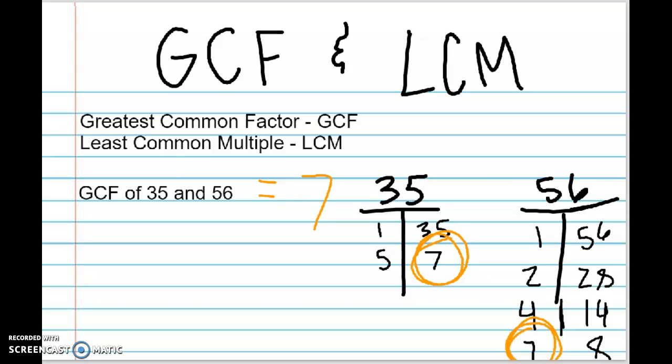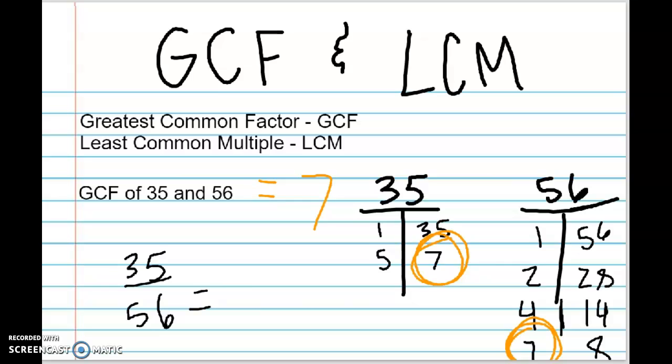I know my fraction's correct. Why is my answer not here? It's probably because you need to simplify it, right? Let's say you were doing a STAR test and you got 35 over 56 as your answer, and you don't see 35 over 56 in the answer choices.